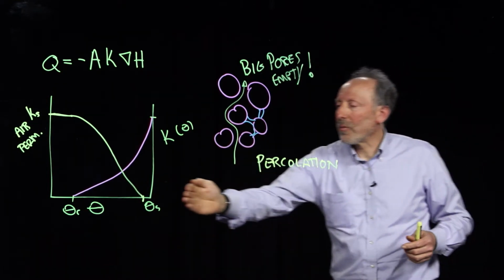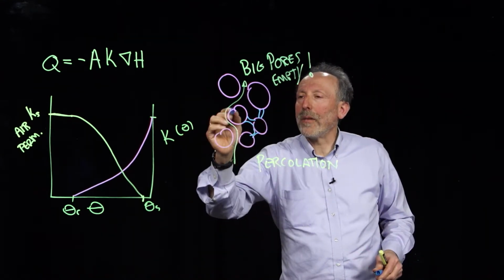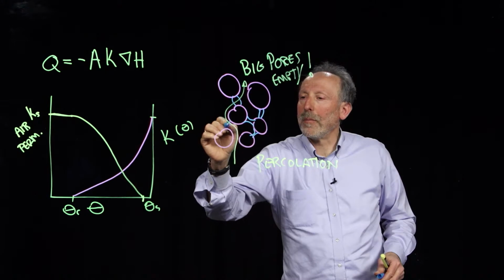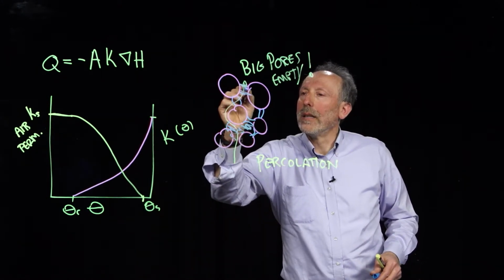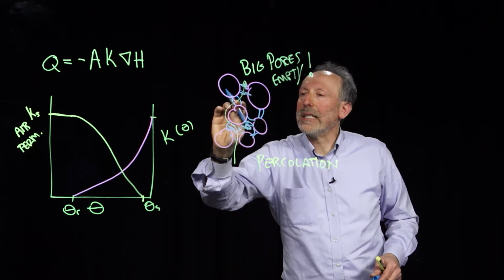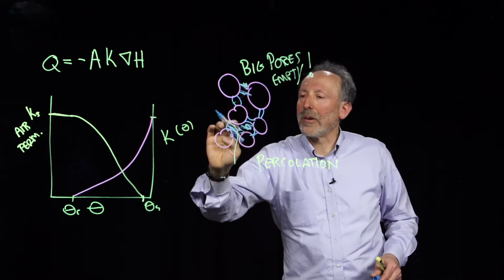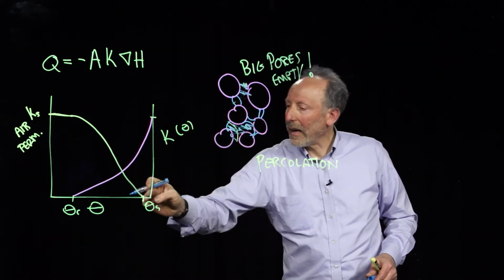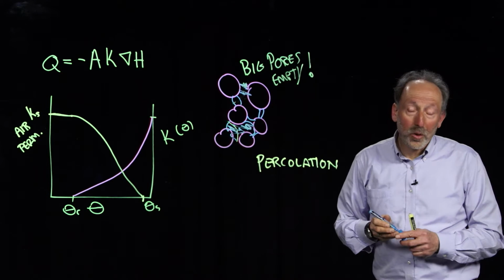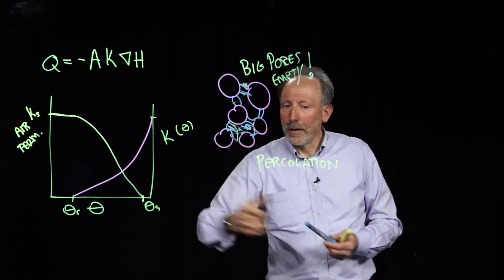And that's the place where the water films are now going to block up enough of this system so that even though there may be some air in here, it's now isolated, and that air does not participate in transport. So we can have air pockets that do not allow any movement of air. And that's called the percolation threshold.